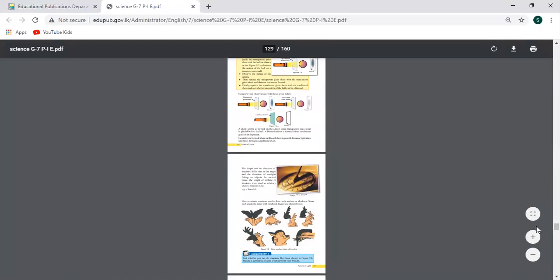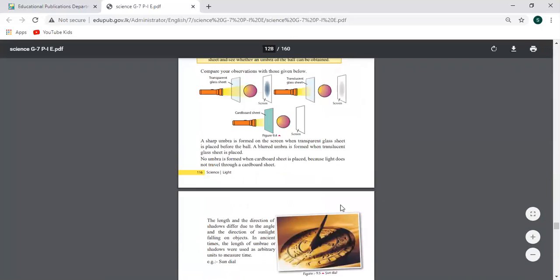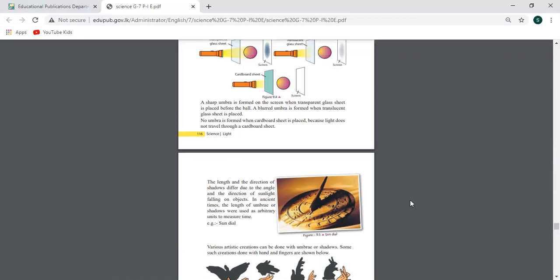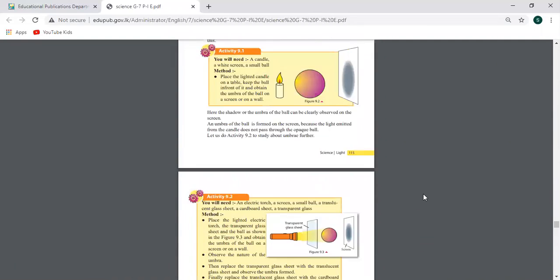Let's talk about the sundial for a minute. Now in the paper, if someone asks what a sundial is, you have to write that the sundial is a method that ancient people used to measure time.